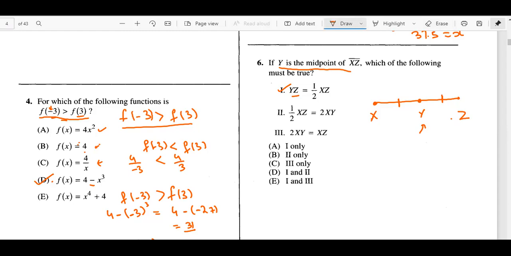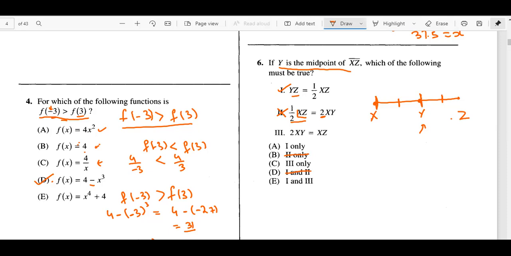Okay, that is not possible because if we are saying half xz means this distance, xy, and here they're saying 2 times xy. So 2 times xy is basically full xz, not half xz. So clearly this is wrong. This cannot be the choice. And one is correct so far.